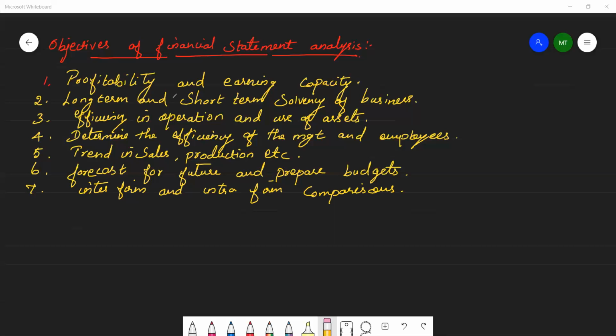Second, long-term and short-term solvency of business. Third, efficiency in operation and use of assets. Fourth, efficiency of the management and employees. Fifth, trend in sales, production, etc. Sixth, forecast for the future and prepare budgets. Seventh, interfirm and intrafirm comparisons.